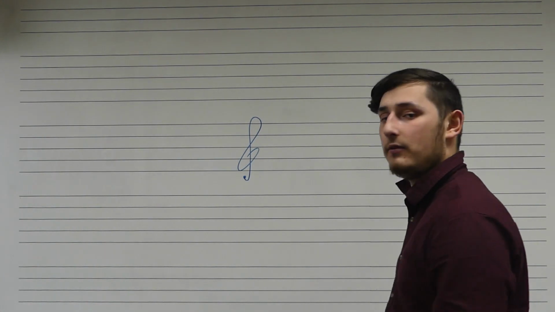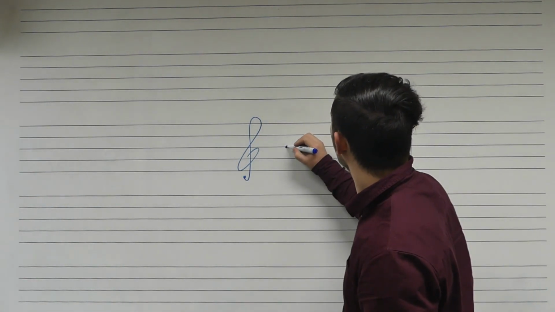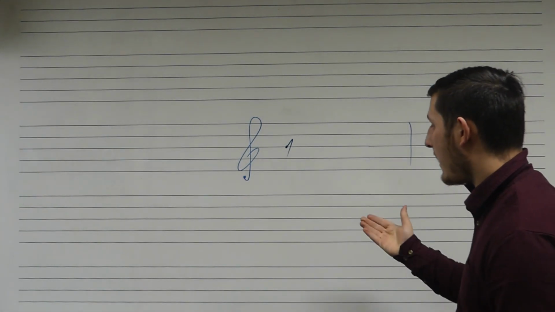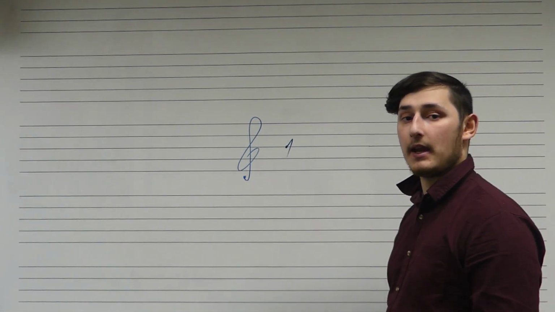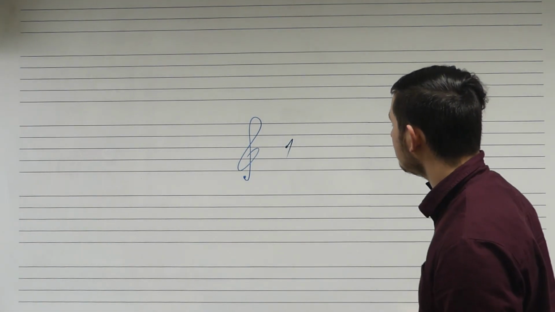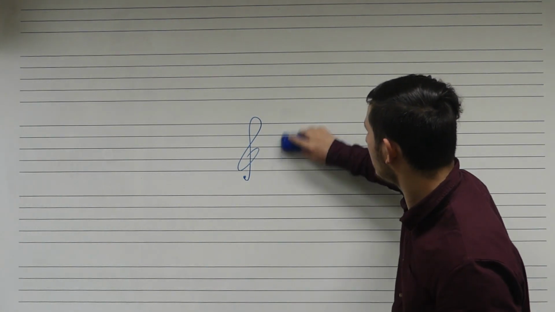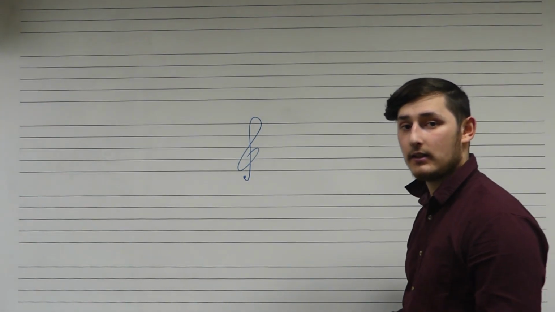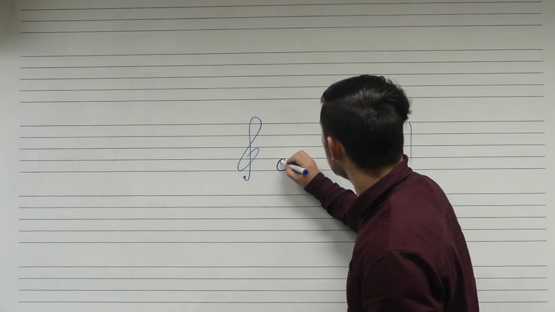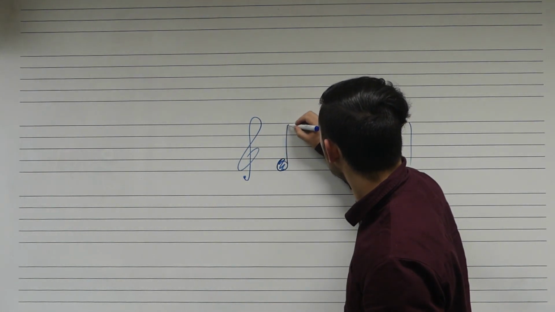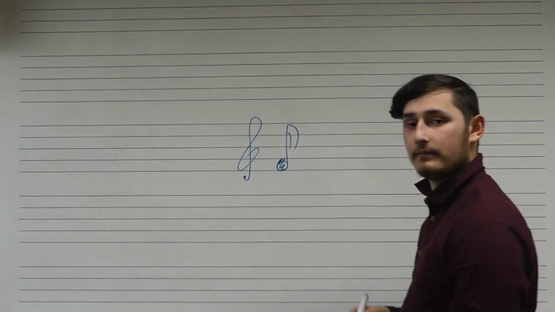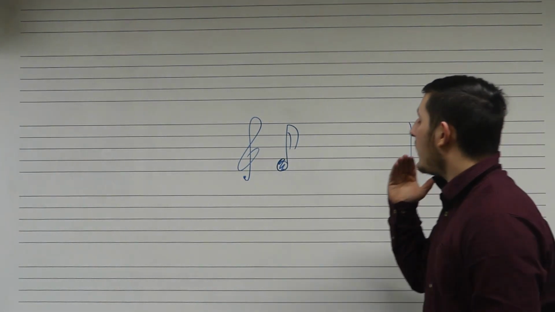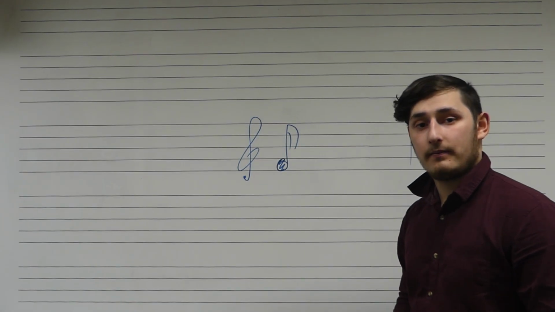We also have the quaver rest, which is only worth half a beat, same as the quaver. And if we go even faster than that, then we get the semi-quaver, which has 2 tails, and that is worth 1/4 of a beat.